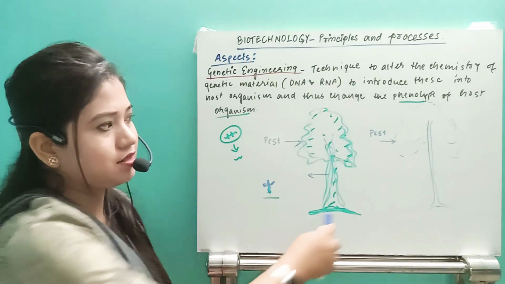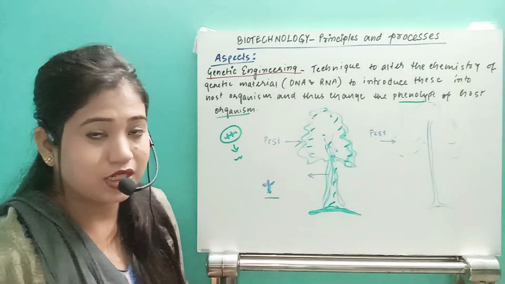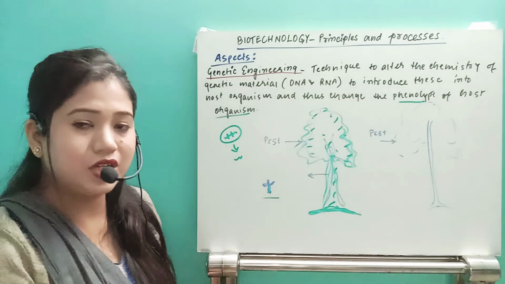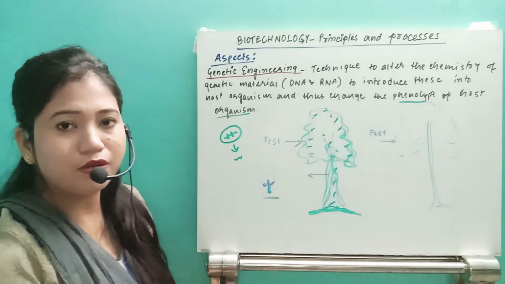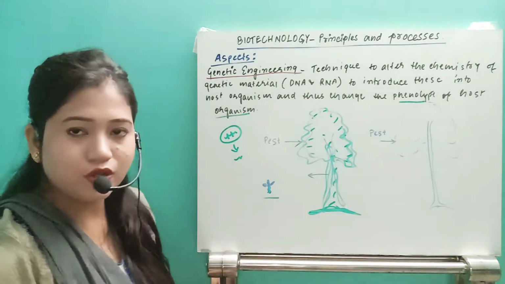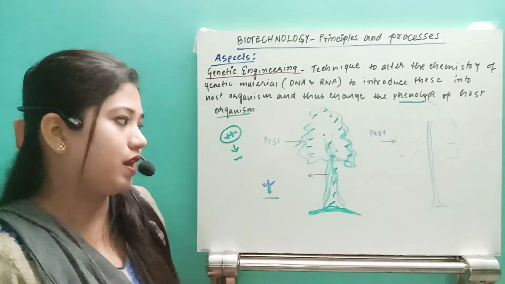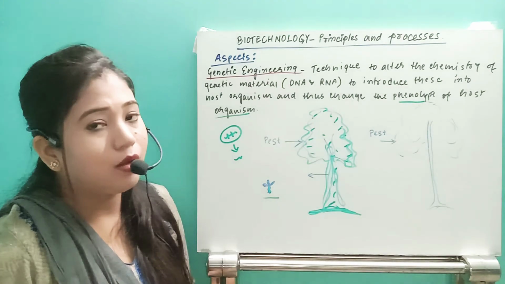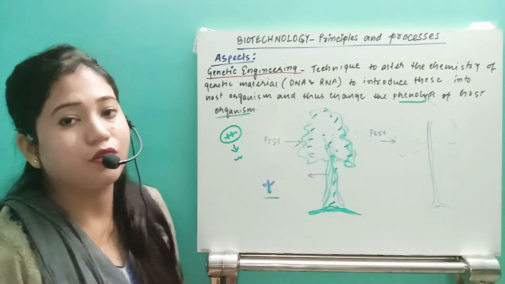So this is the same plant, this is the normal plant, and this is the GMO, genetically modified organism, where the gene DNA or the RNA is manipulated. Manipulated means a foreign gene is introduced. Whenever that foreign gene is introduced, it starts to express, and whenever it is converted into a tree, it will have its product in its body, so that if a pest comes to it and takes the leaf, it will not be able to survive.